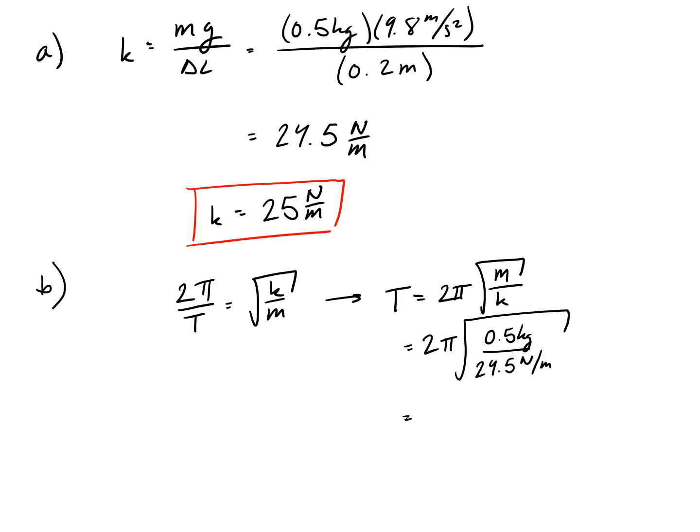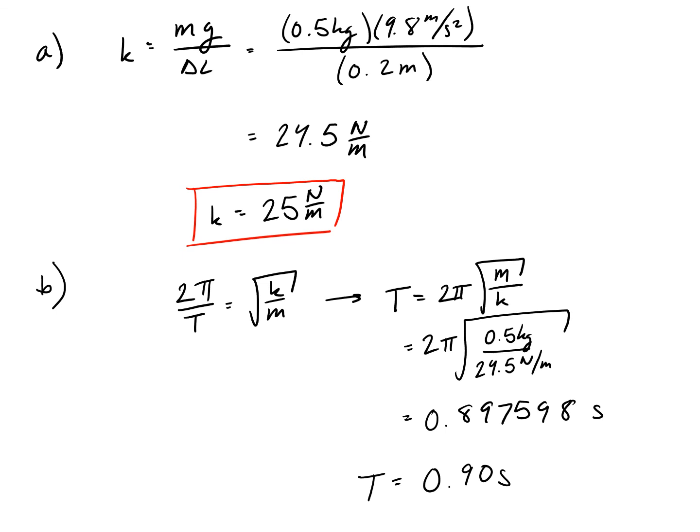sorry, I'm actually doing this at the same time I'm doing the lecture. I got 0.897598 seconds. Again, I have 2 sig figs, so 0.90 seconds, because 9 rounds up.